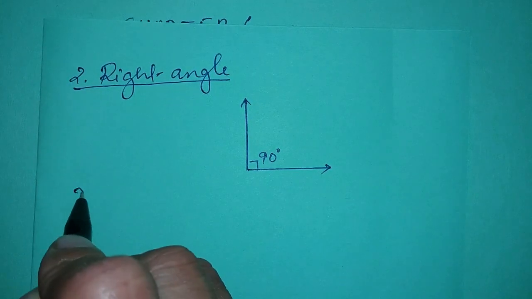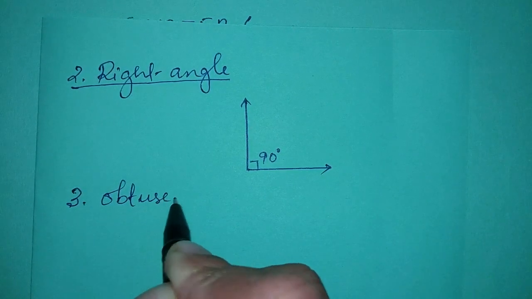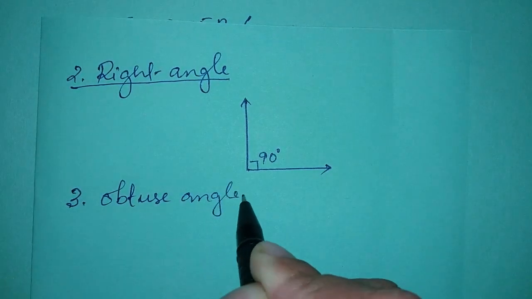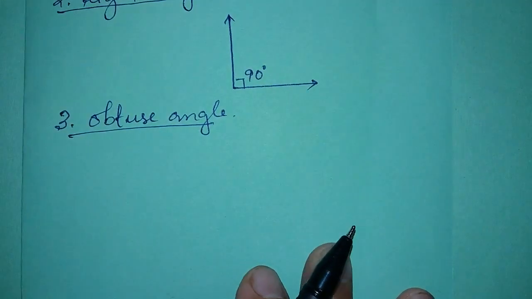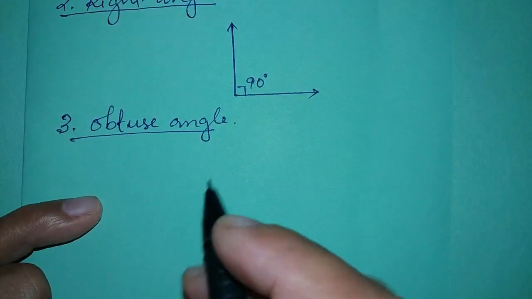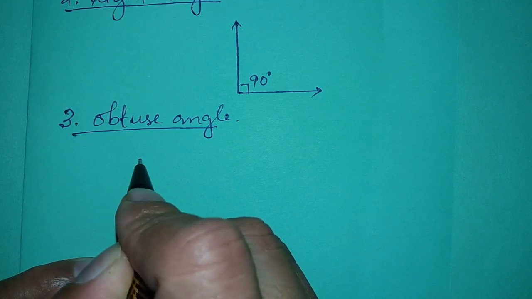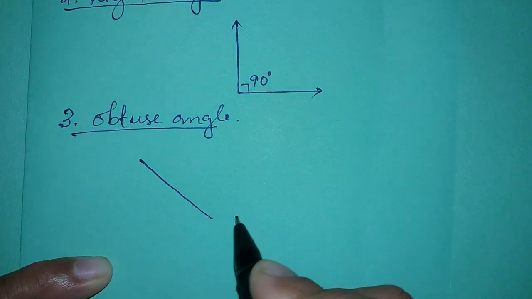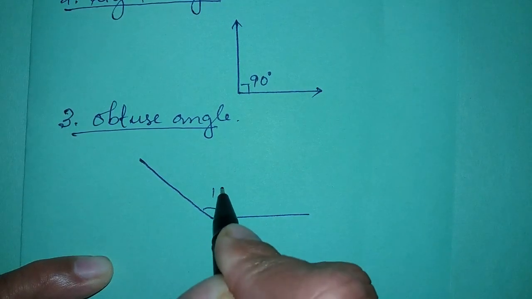Now the third one is obtuse angle. Obtuse angle is a type of angle in which the measurement is greater than 90 degree but less than 180 degree. Example, let's say 120 degree.